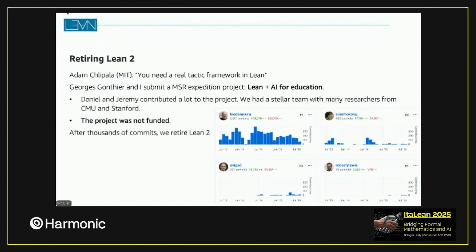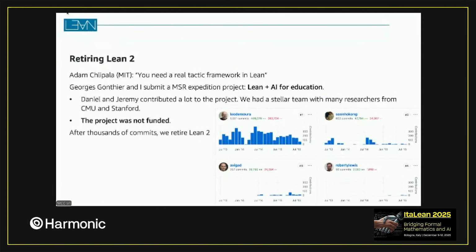And another thing, at the same time, we had another really unfortunate event. Georges Gonthier and I wrote a proposal for getting more resources for the project. It was about Lean and AI for education. I think we had a really strong team.